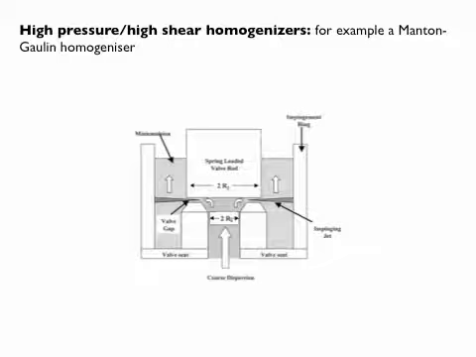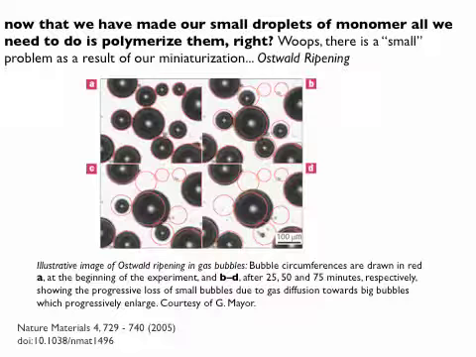You loop it around a few times, and then you'll end up with a nice dispersion of very small droplets in water. And then you think, right, fantastic, I've got that sorted, so I can do whatever I want to do, and all chemistry would work. This is what people initially thought.